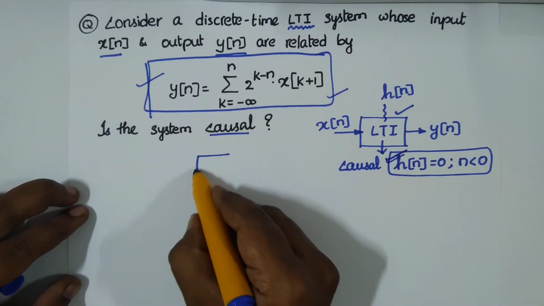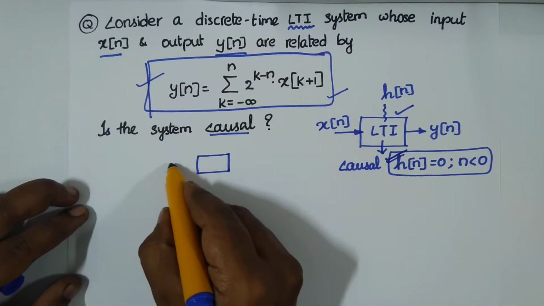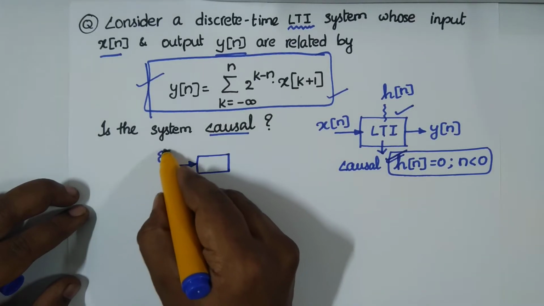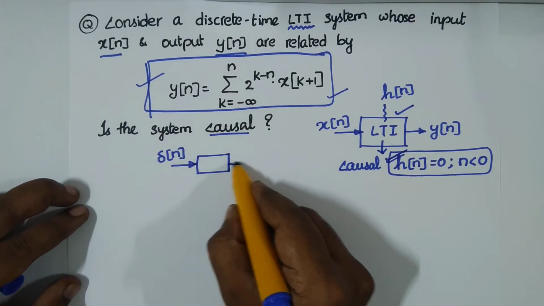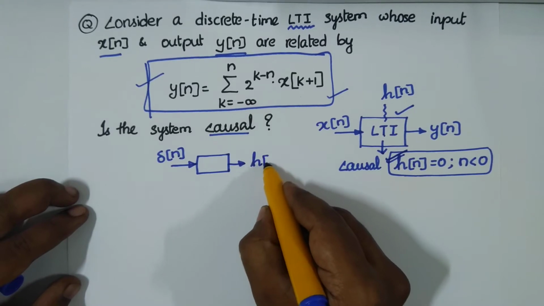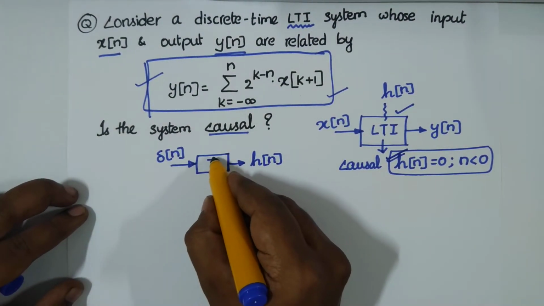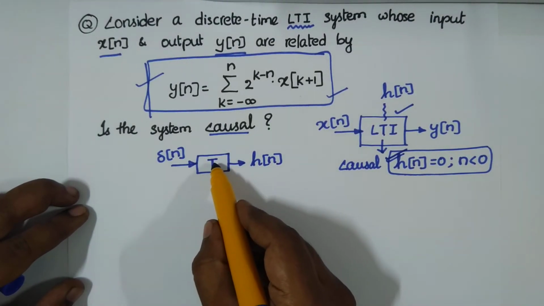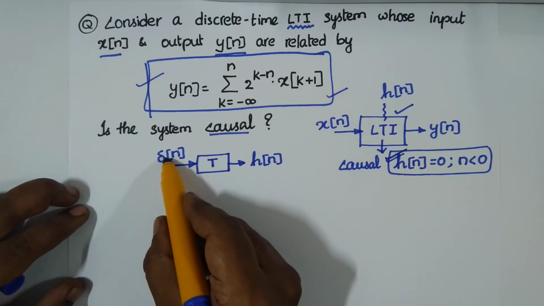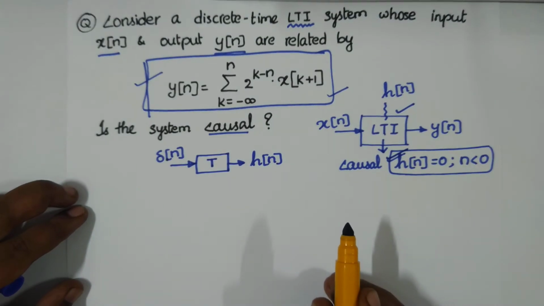I have a linear time invariant system. When I give an impulse input, I get the impulse response as output. So let me take operator T, which transforms the input delta of n to the output h of n.